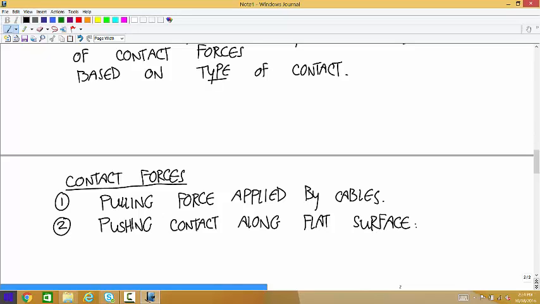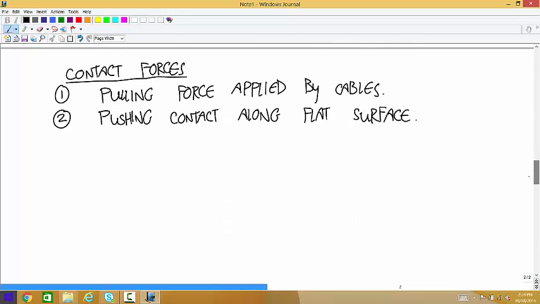And so based on which one of these types of contact forces we're dealing with, we're going to use the rules that I'm going to go into now for the direction. We'll know the direction, and we'll use that in the problems. So I'm going to start with this pulling force applied by cables.